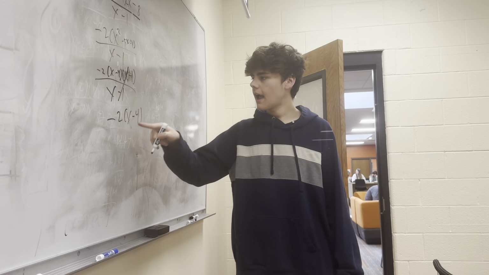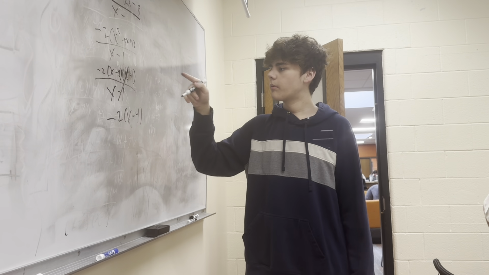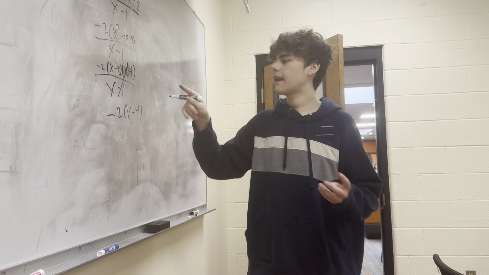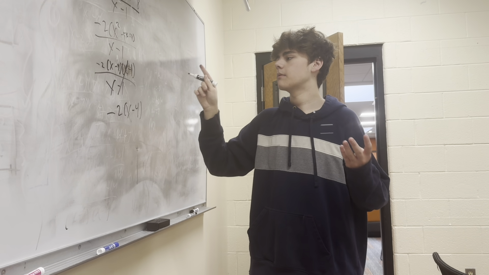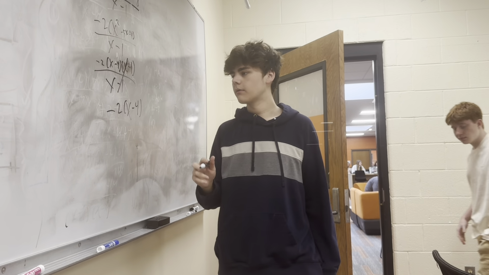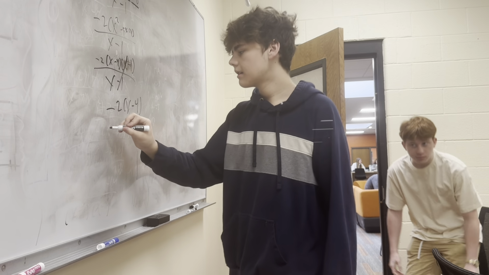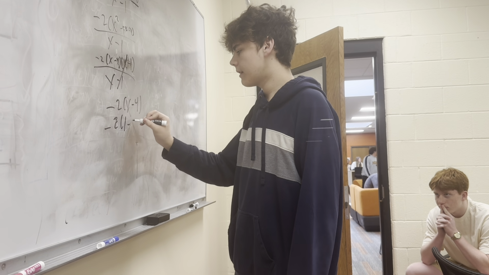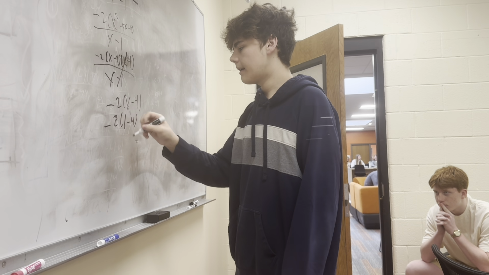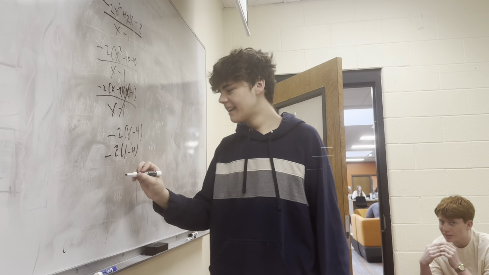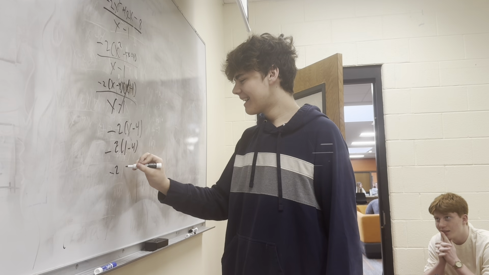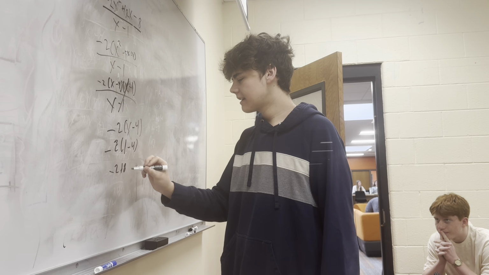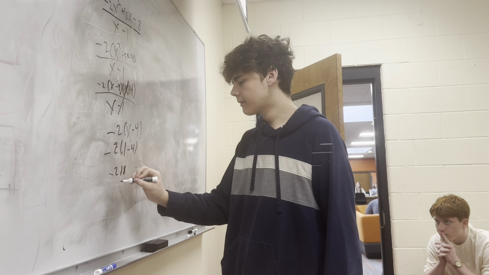There's a hole at that x minus 1, so put that to equal 0, the x has to be 1, and then plug that back in. So negative 2 times 1 minus 4, distribute, and then it'd be negative 2 plus 8, and then add that together, which would be 6.